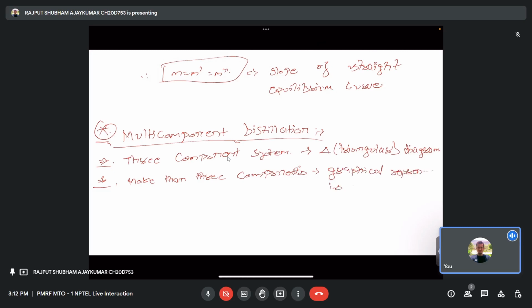From a practical application point of view, the liquid phase can be assumed to be ideal.